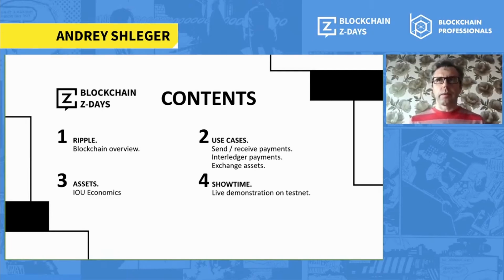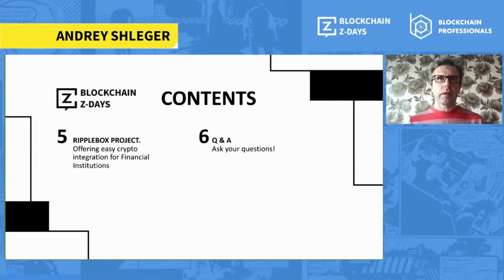I'd like to go through points: use cases, what in my opinion is the main part of the Ripple blockchain and how it could be used, and some practical examples of sending XRP or internet value on the testnet. I'll also share some information about the Ripple Box project.